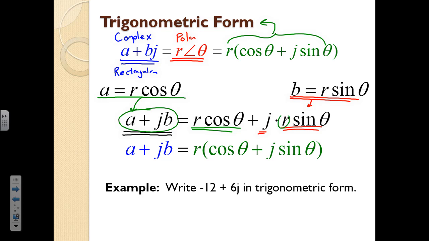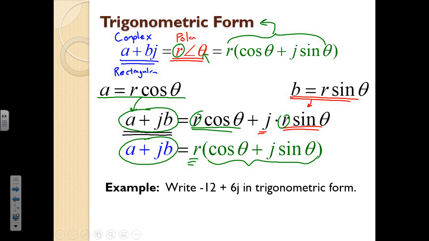That can get factored out to the front, and that means that we can write a complex number in rectangular form as r times, not an angle like we did in polar form. Here we put the r out in front as well. But we can put the r out in front and say that that is cosine of our angle plus j times sine of our angle. Now again, that seems a little convoluted, but that's going to turn out to be useful for our operations here in the next 2 lessons.